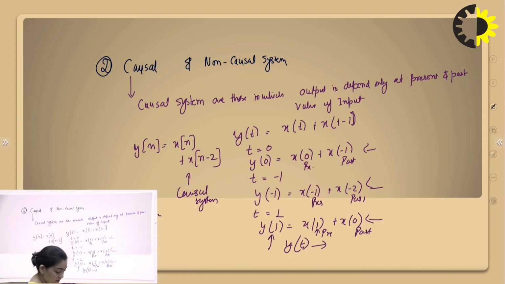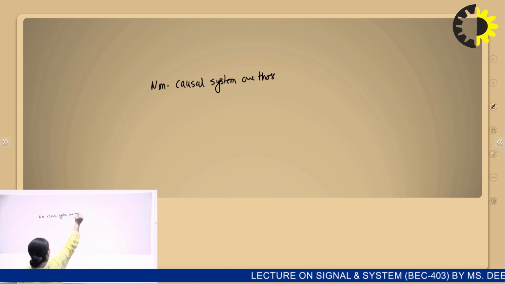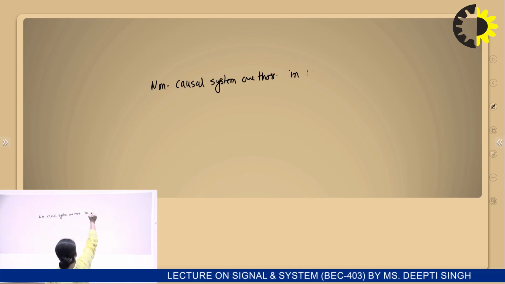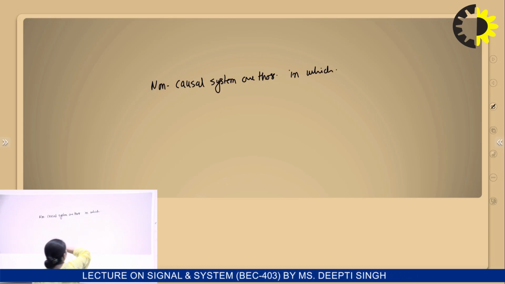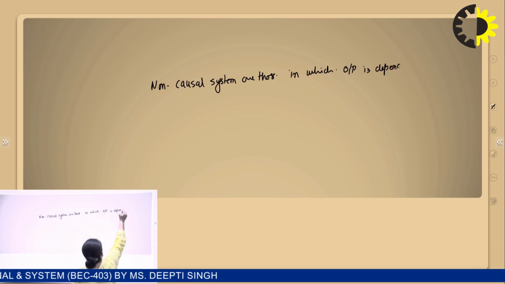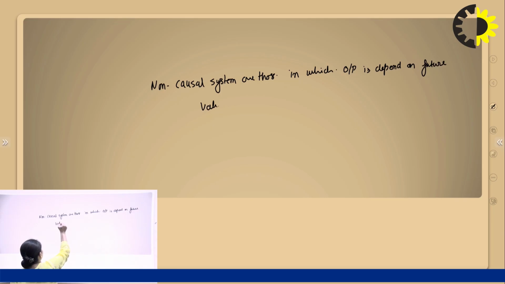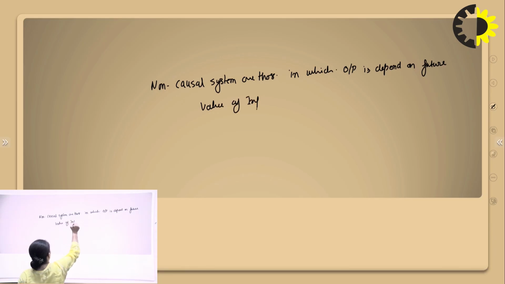If we move further to non-causal systems, let's see what they are. Non-causal systems are those in which the output depends on future values of the input as well.